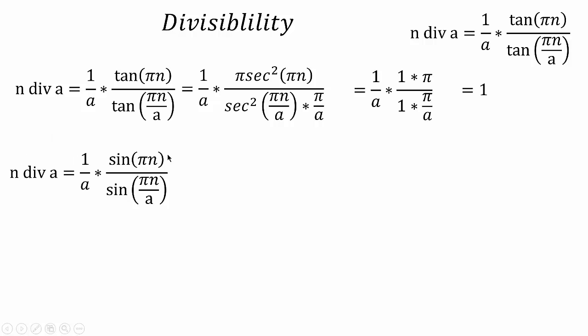Suppose we consider the function as represented by this equation, then we can simplify it as follows. When the numerator and the denominator part are both 0, by using the concept of limit, the derivative of sine is cos, and the derivative of sine is again cos in the denominator. Since pi is the coefficient, it will come out, and pi by a is the coefficient in the denominator, it will come out.